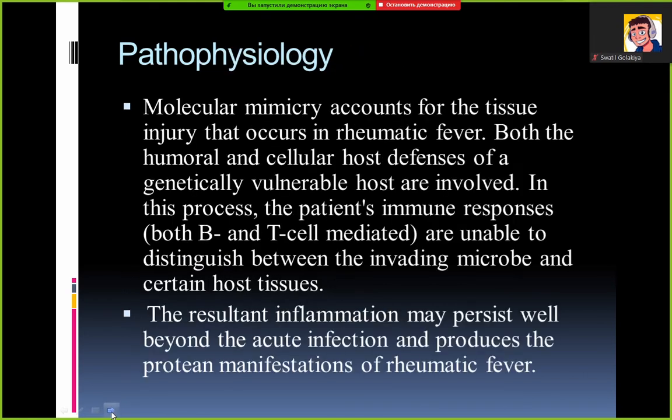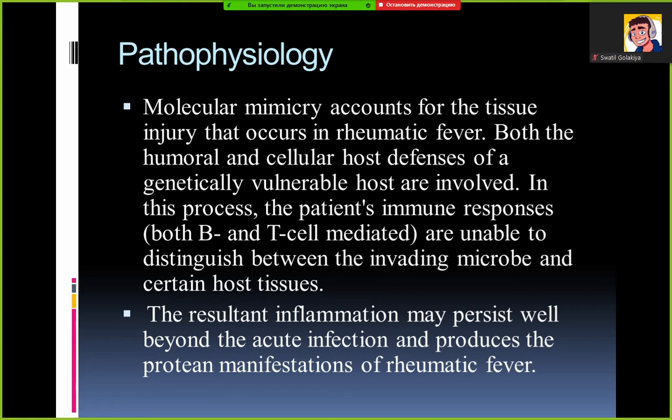And the last, about pathophysiology and the phenomenon of molecular mimicry. Molecular mimicry plays a very important role in the pathogenesis of acute rheumatic fever. Molecular mimicry accounts for the tissue injury that occurs in rheumatic fever. Both the humoral and cellular host defenses of genetically vulnerable hosts are involved.